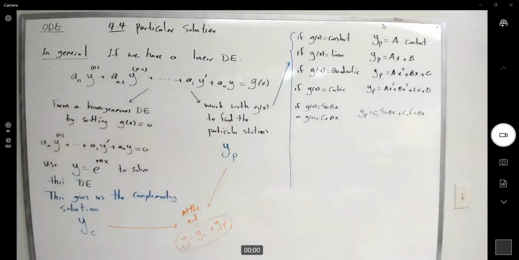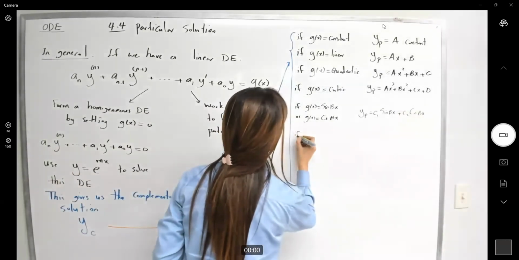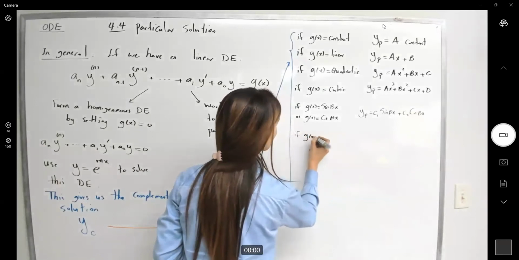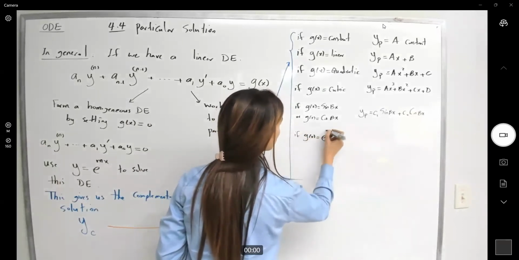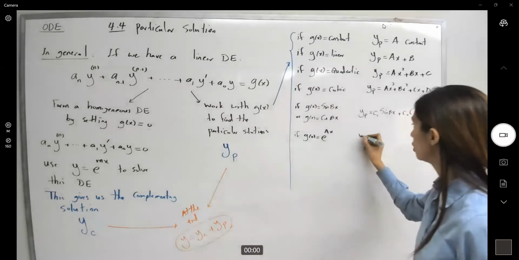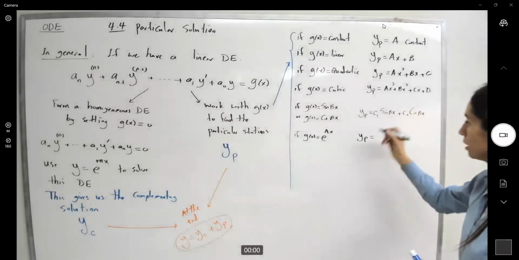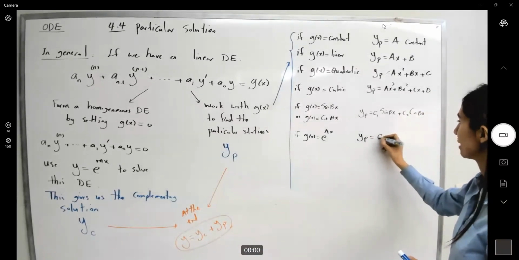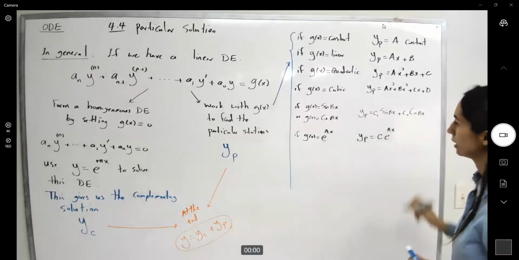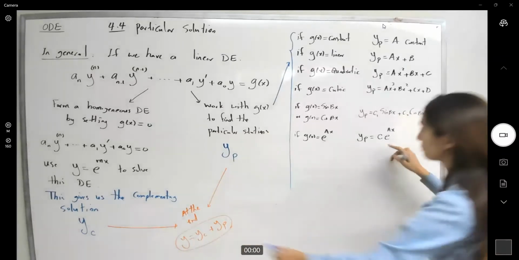Next category, if it is e to some power. If g of x is e to the power, for example, ax, then your particular solution is a constant, for example c e to the power ax.